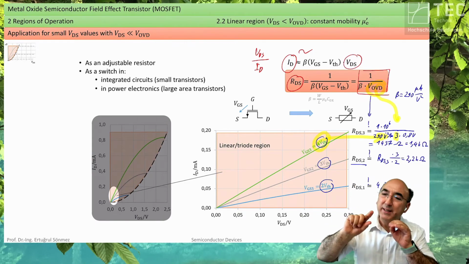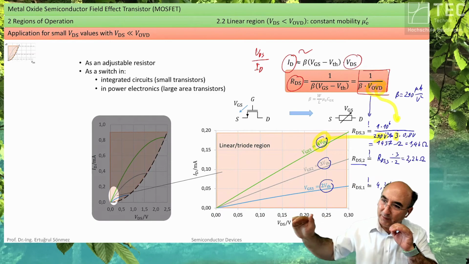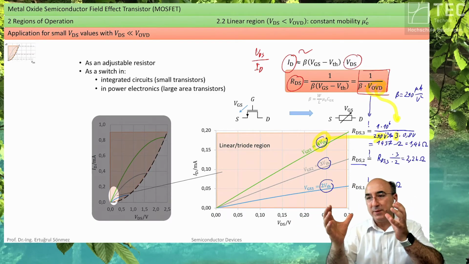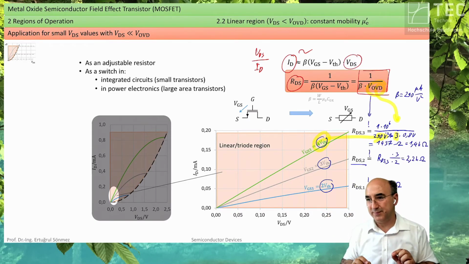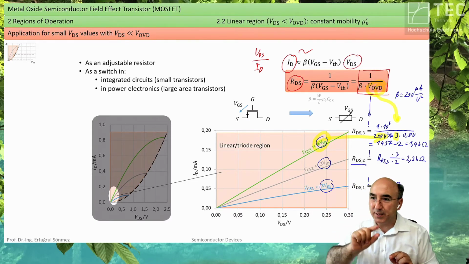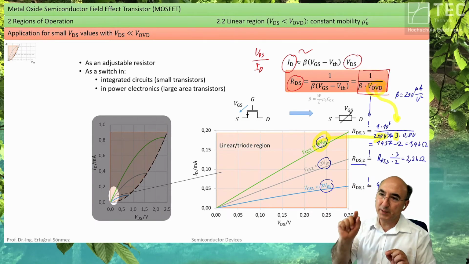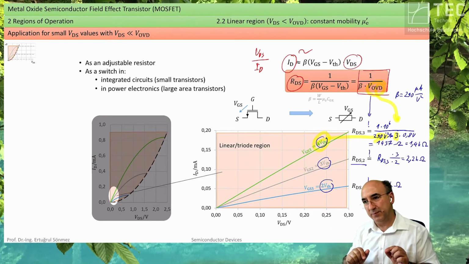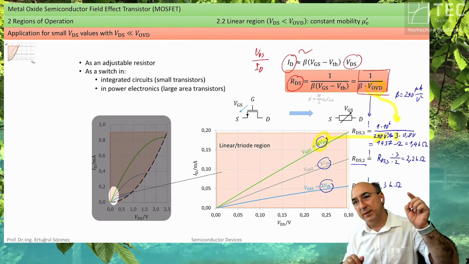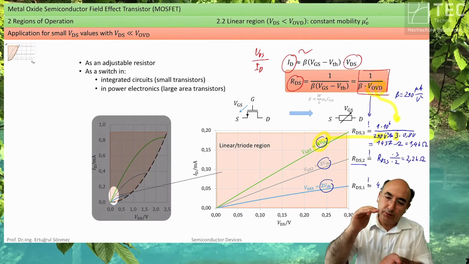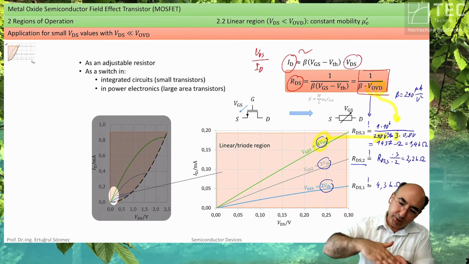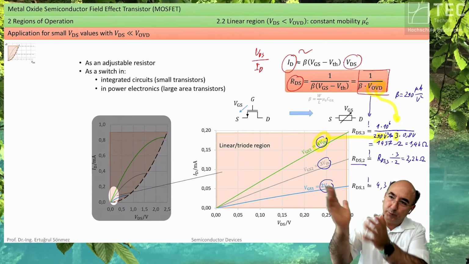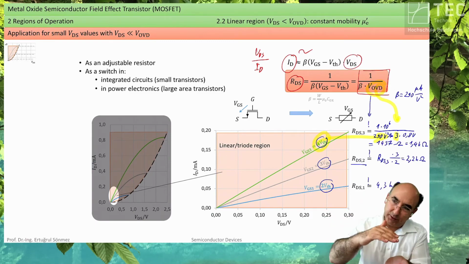That means you can set the current level by switching the capacitor with a certain frequency. And this is done in integrated circuits to control the current level as a function of the voltage, because capacitor, voltage, you charge it up, and with a certain frequency, you pour it out by switching, switched capacitor.